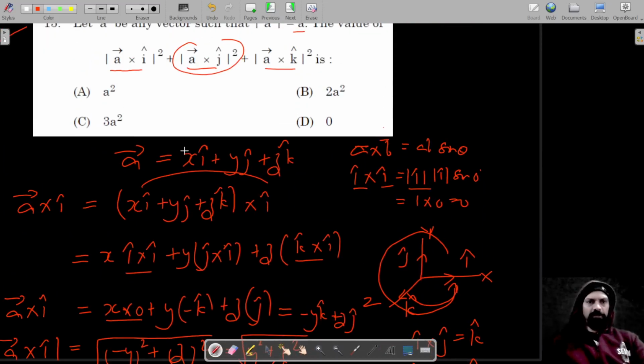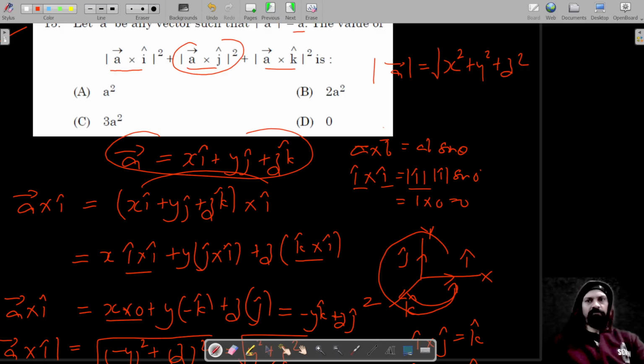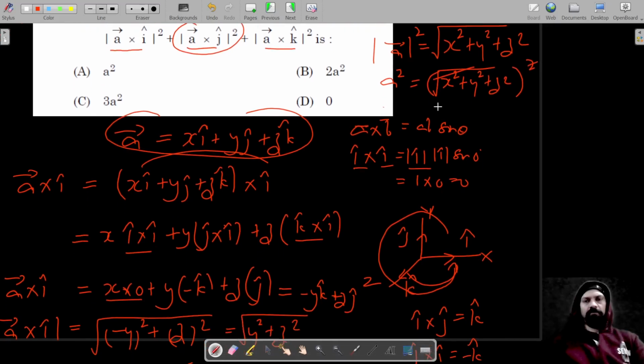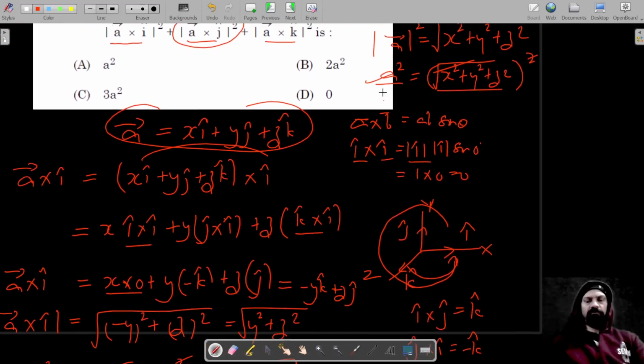Now our A vector was this, and if we find its magnitude, it is the square root of x square plus y square plus z square. Its square is A square, so x square plus y square plus z square is A square.